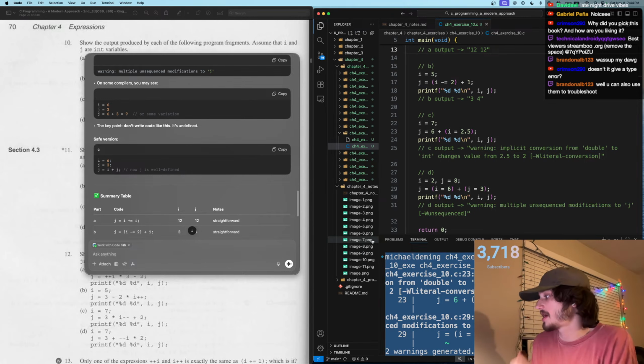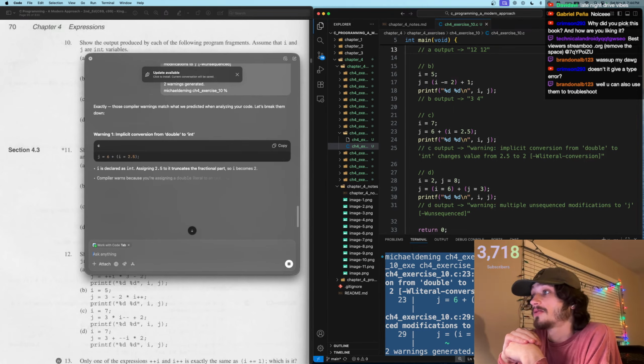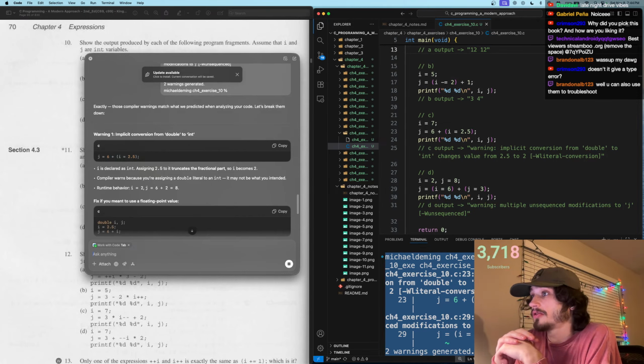So these were the errors I got. This compiler warnings match what we predicted when analyzing your code. Let's break them down. I is declared an int. Assigning 2.5 to it truncates the fractional part, so I becomes 2. The compiler warns because you're assigning a double literal to an int. It may not be what you intended.